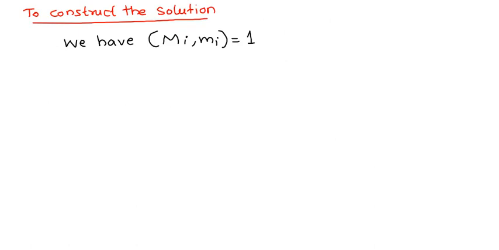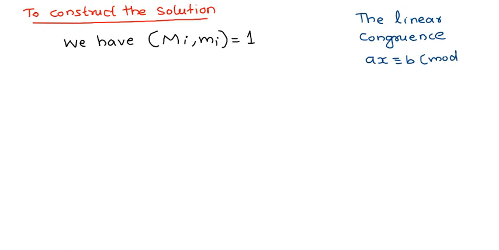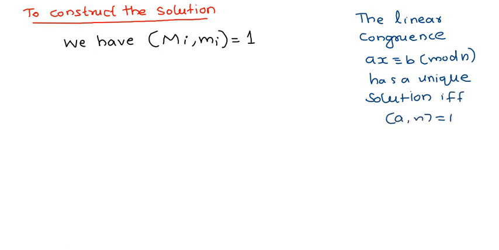We already have a theorem that the linear congruence ax ≡ b mod n has a unique solution if and only if GCD of a and n is equal to 1.